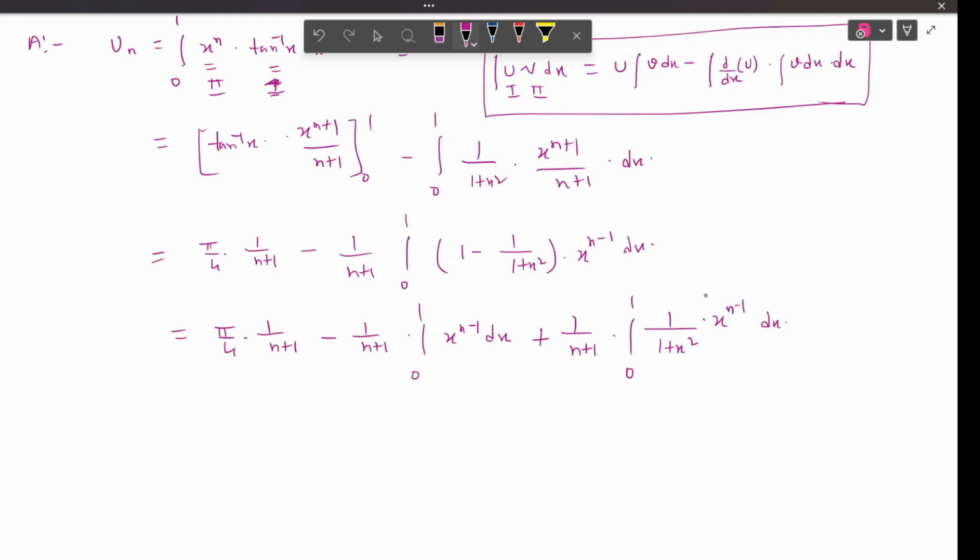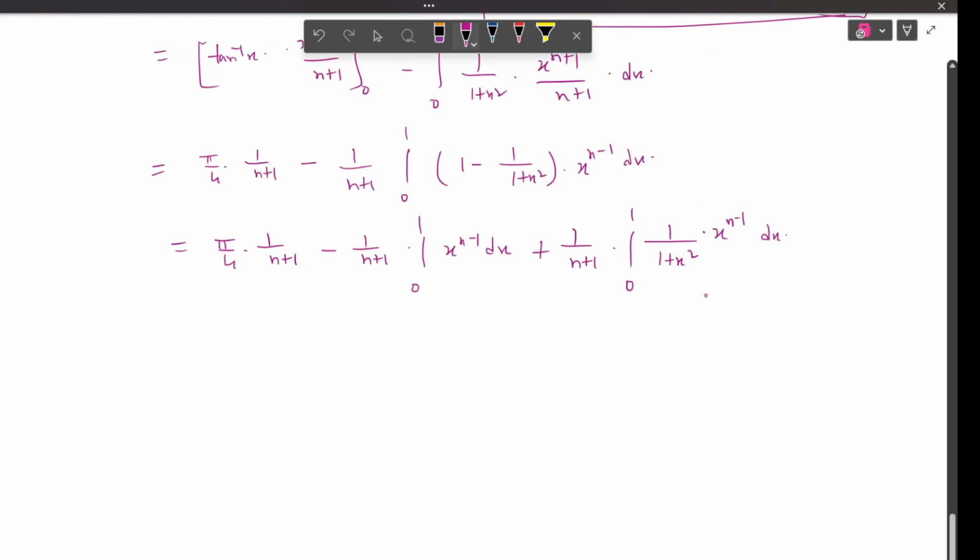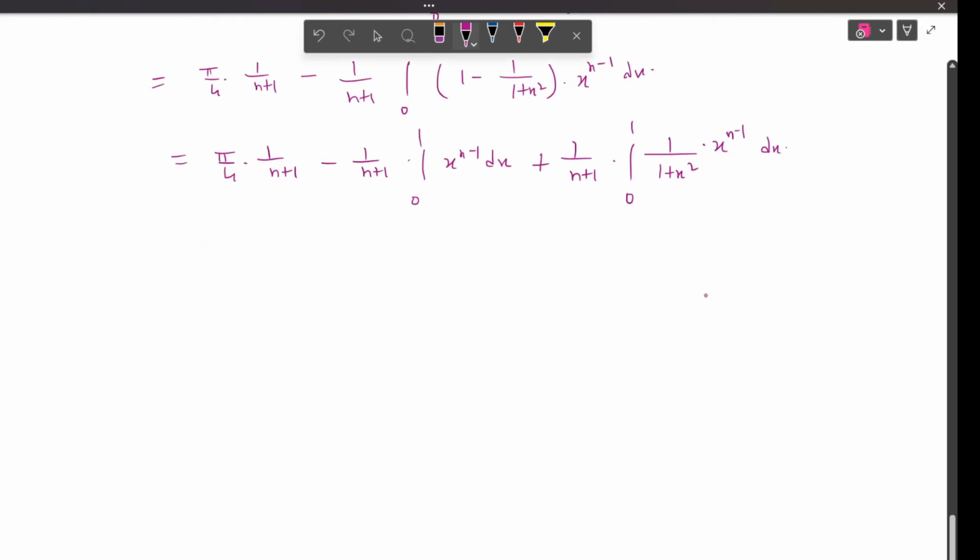Okay, now let us see our next step, that is integration. We have to do the integration here.